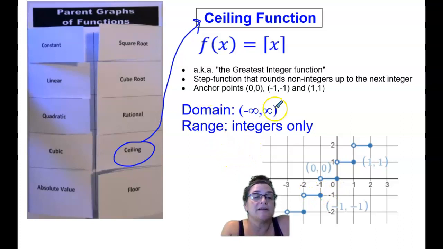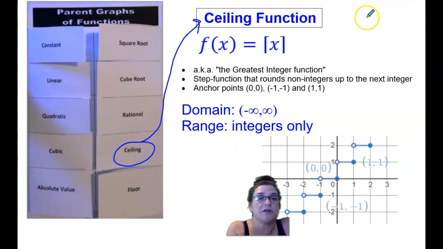The domain is unbounded, negative infinity to positive infinity. The range, however, is just the set of integers. And if you remember, we talked in the last videos about this symbol, 2 slashes with an R, that means all real numbers.